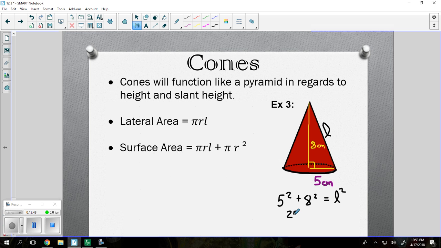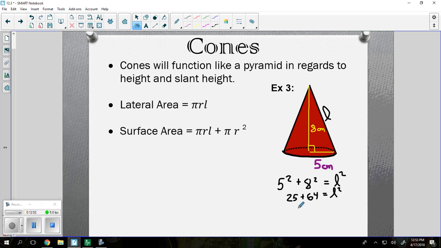Gives me 25 plus 64 is L squared, which would give me 89 is L squared. Root 89, I'm just going to leave it like that for now, because that's not going to give me an exact value, so I'm just going to leave it as root 89 for the time being.